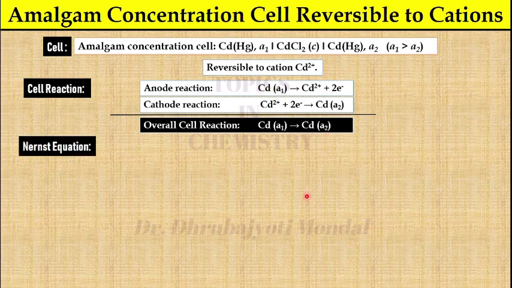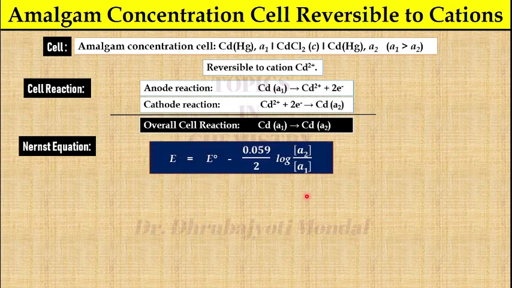Now you have to know the Nernst equation. You know this is the formula. E is equal to E0 minus 0.059 by 2 log concentration of the product. Product concentration is activity A2 divided by activity A1. Now you know that E0 means E0R minus E0L.